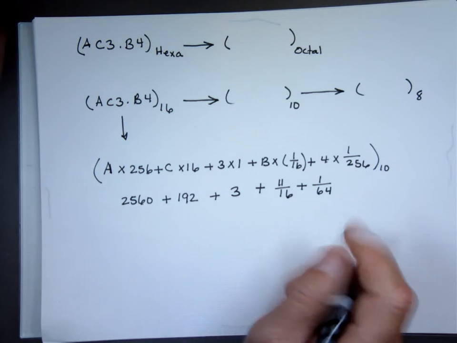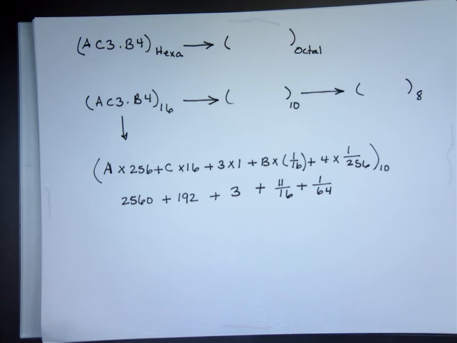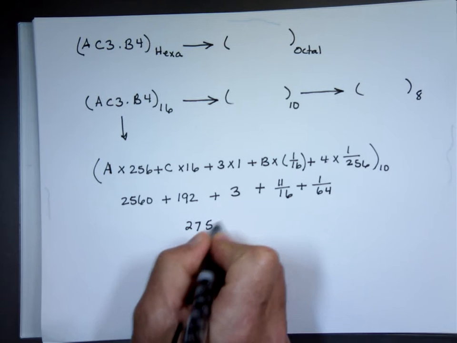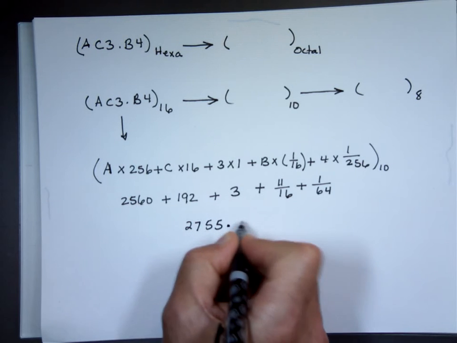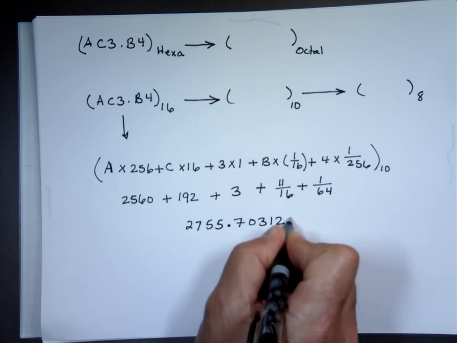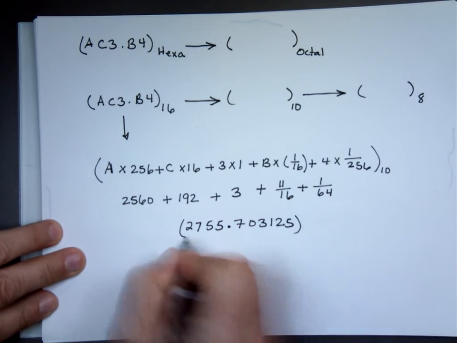So when you add all these numbers, 2560 plus 192 plus 3 plus 11 divided by 16 plus 1 divided by 64, the number is 2755.703125 base 10.